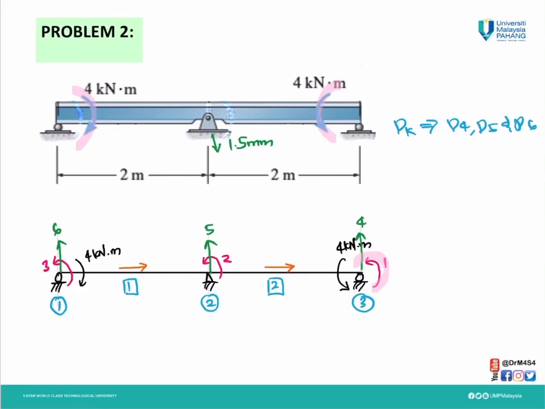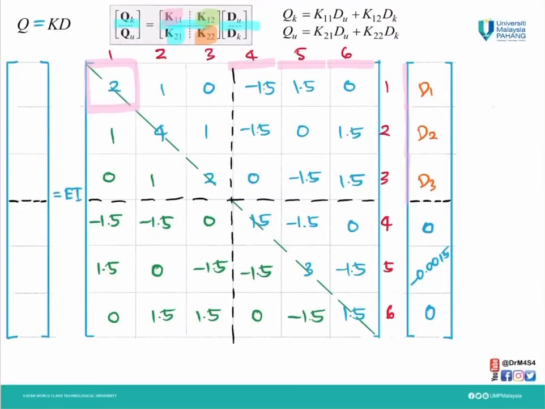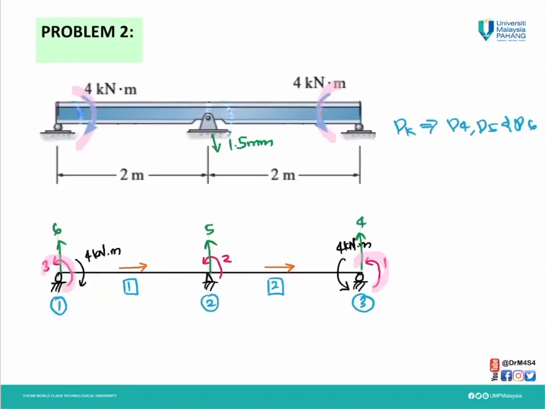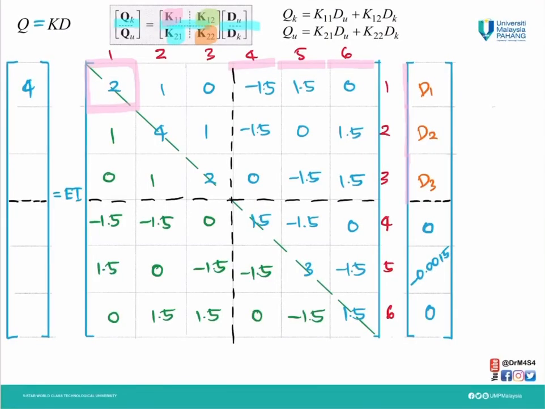However, if the moment is against the rotation of our numbering, that is negative. That means the value for rotational at 1 is 4, which is positive. At numbering 2, for displacement, there is no moment applied, so that means it's 0.